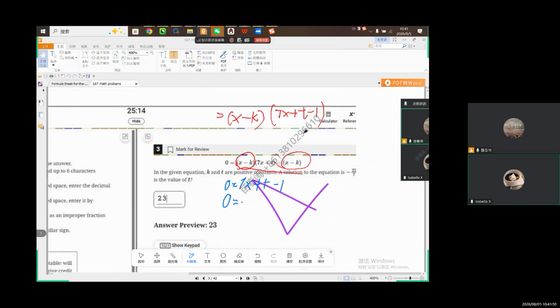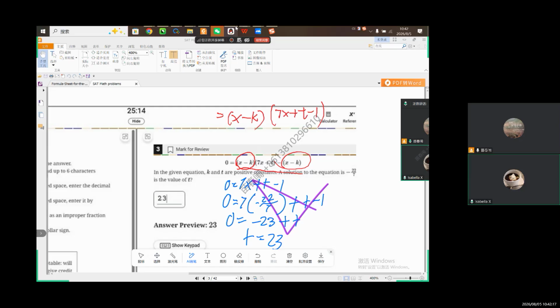Oh, wait. Okay, I get it now. So I just split them. Oh, I understand now. Sorry, I think I got confused because of the constants, and then I kind of forgot to factor.